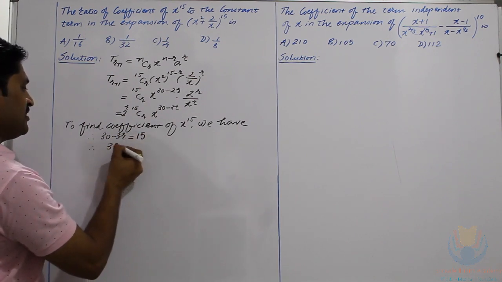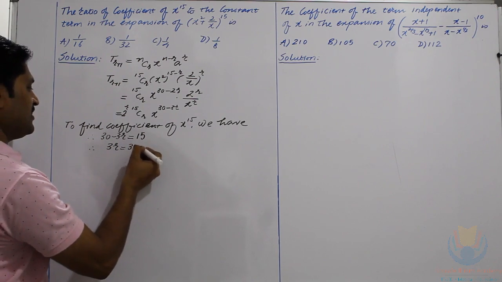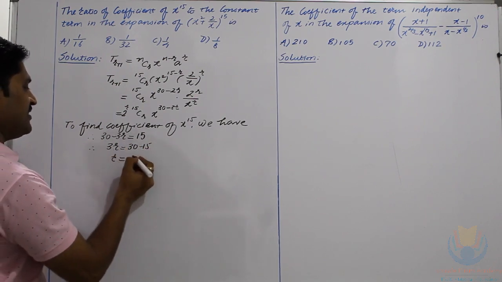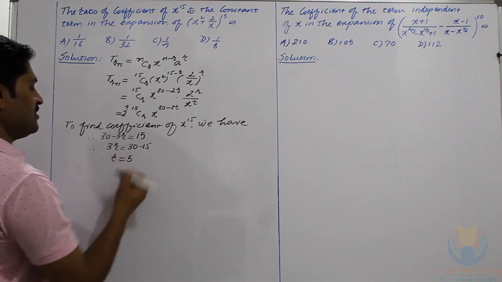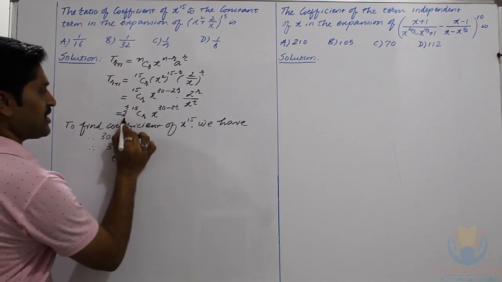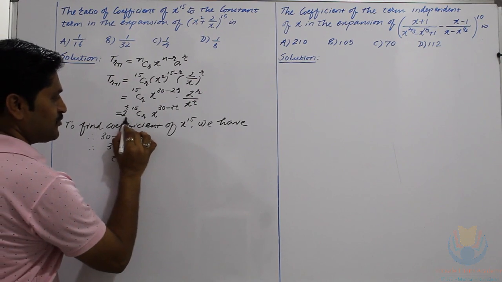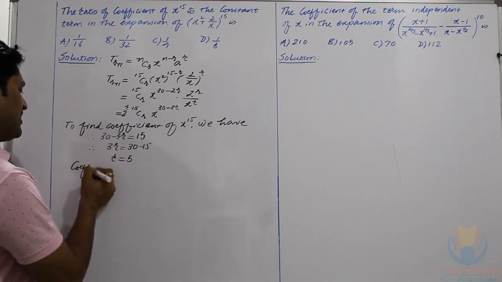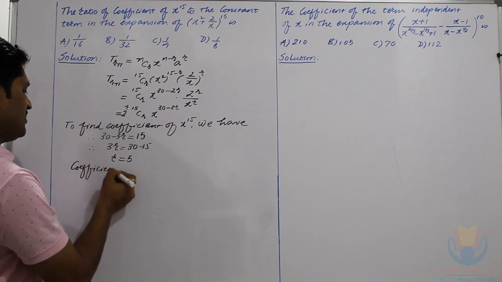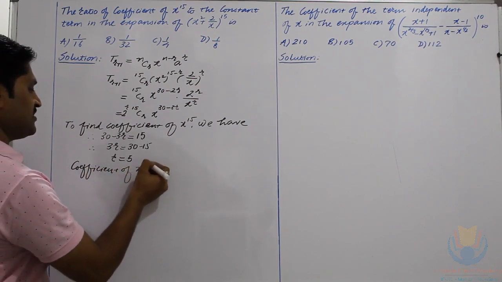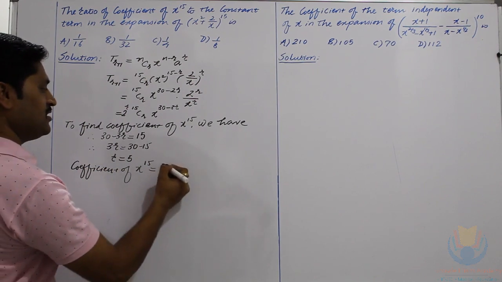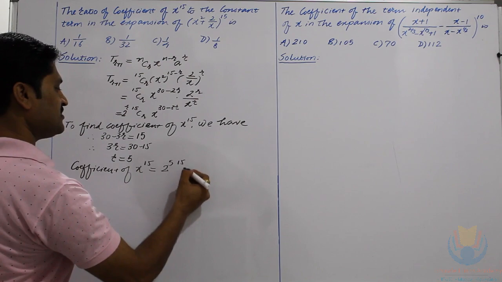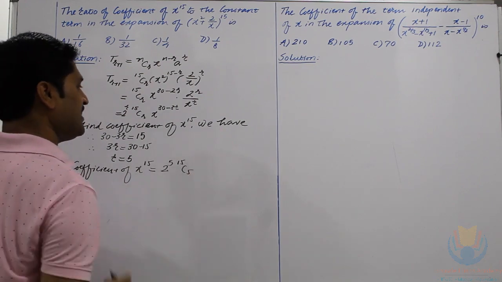Therefore 3r will be equal to 30 minus 15, so this is 15, and the value of r we can write directly as 5, since 3 fives are 15. That means when I put r equal to 5, I am going to get the coefficient of x raised to 15. So let's put that value there. Therefore the coefficient of x raised to 15 is nothing but 2 raised to 5 into 15C5. Let this value be as it is.